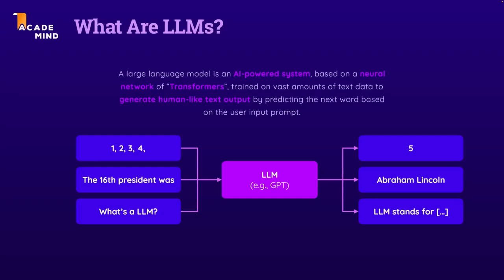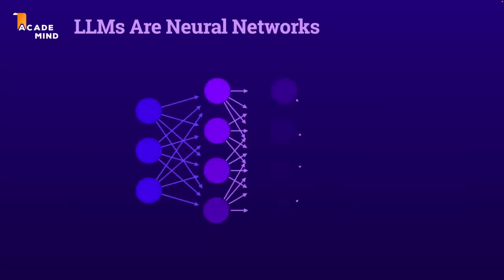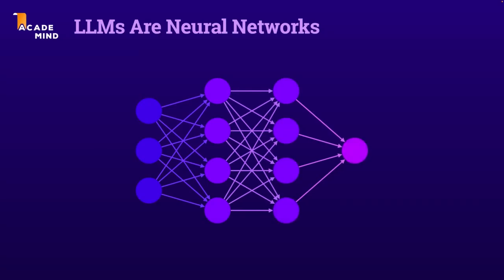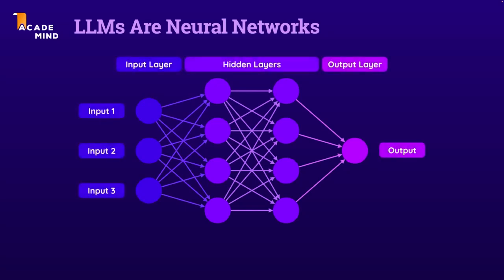Now, as mentioned, large language models in the end are neural networks. And neural networks are in the end just machine learning models, computer programs, you could say, that connect a vast amount of input and calculation nodes organized across multiple layers to then produce an output.